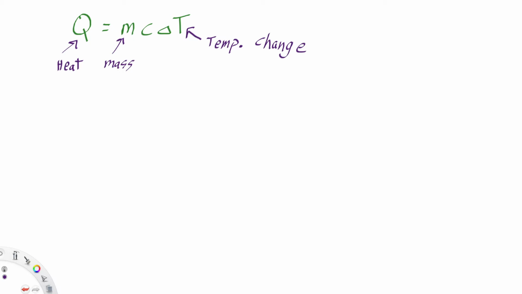So there is a downhill direction for heat, and it likes to move from hot things to cold things, which agrees with our everyday intuition. It's always nice when that happens.